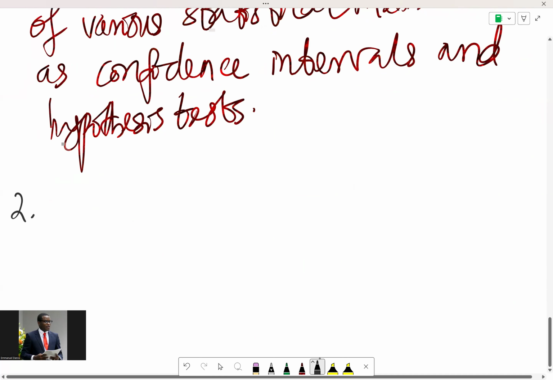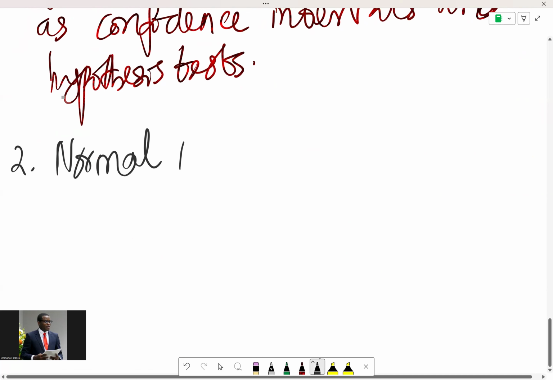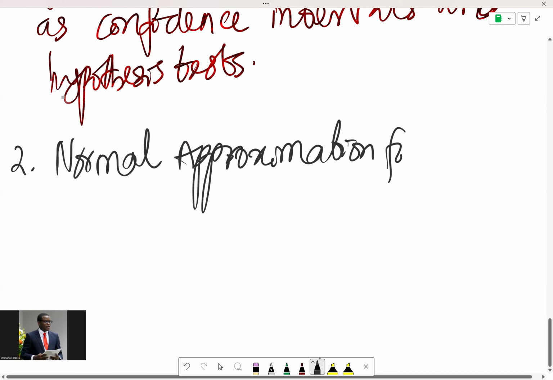Let's look at another one: normal approximation for non-normal data.